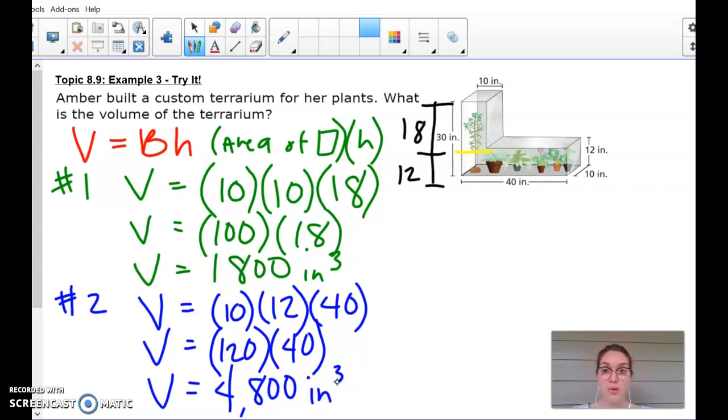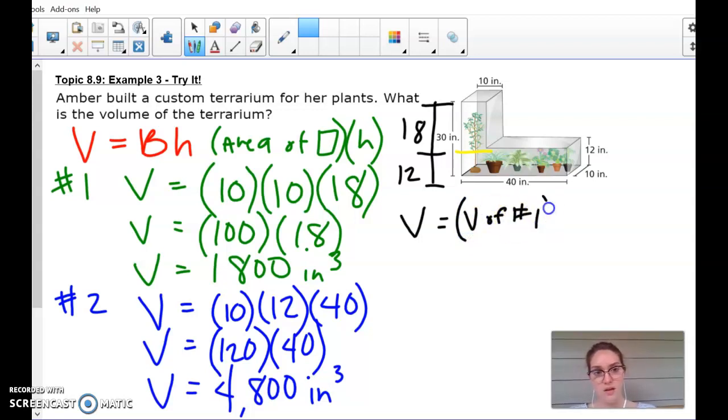Now, those are our separate volumes, but then I need to put those together to get the total volume of the terrarium, right? So the volume of the terrarium is equal to the volume of number 1 plus the volume of number 2.